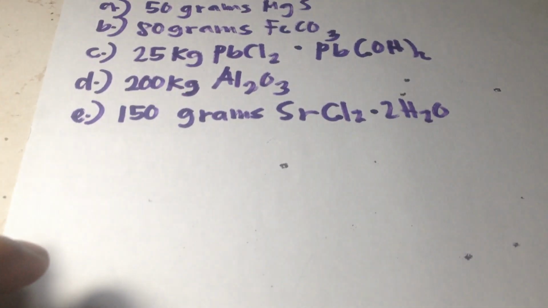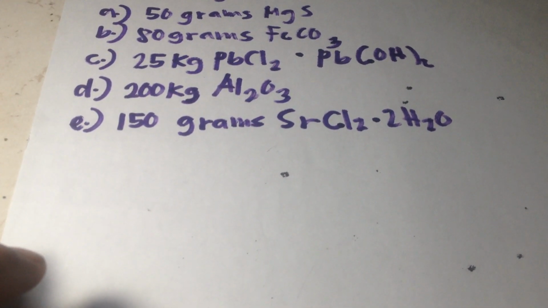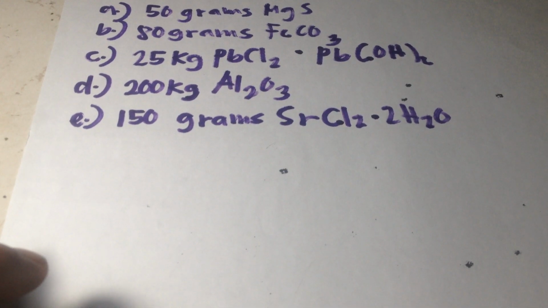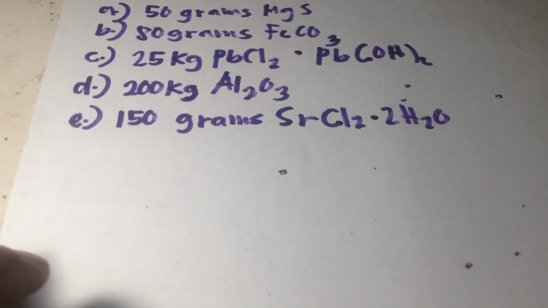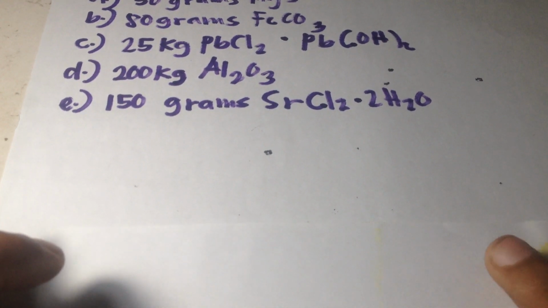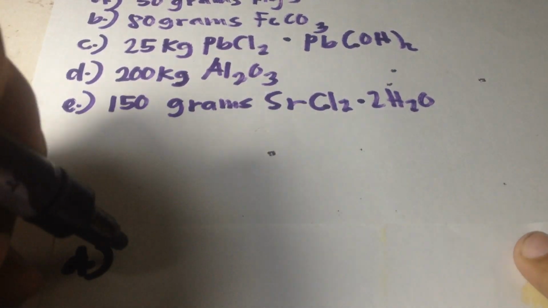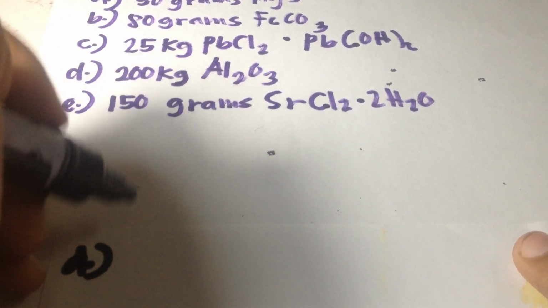So how about in letter D? In letter D, we have 200 kilograms of aluminum oxide.